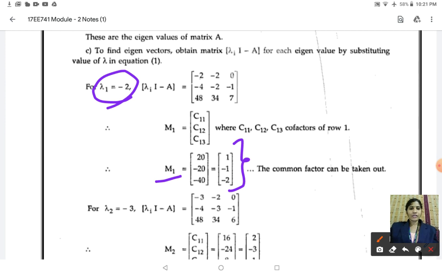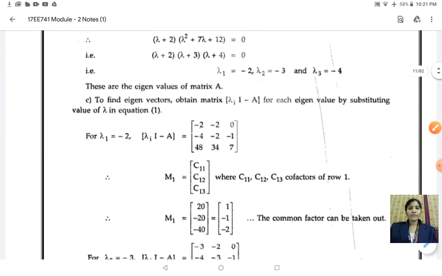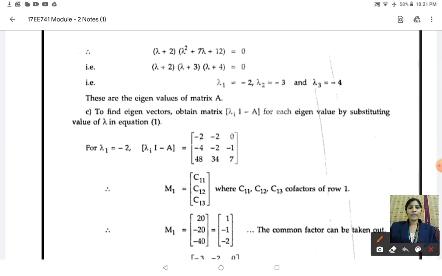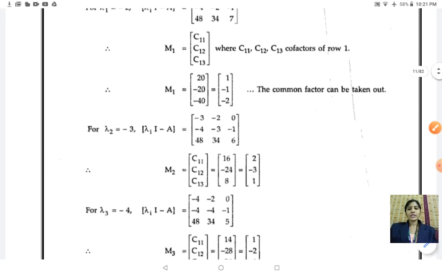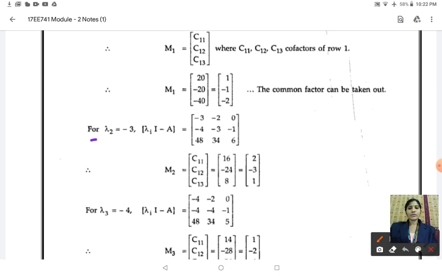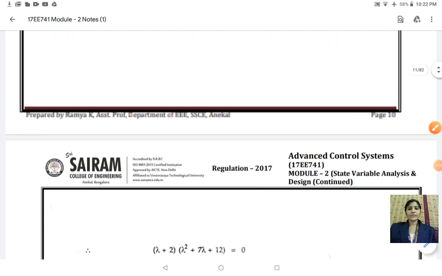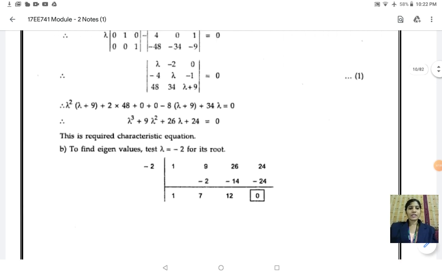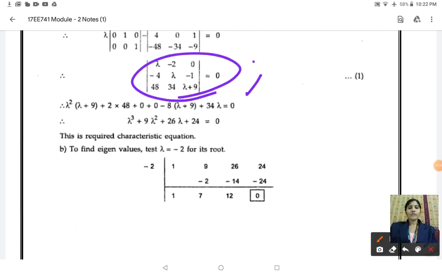Next, in the same way, you need to identify the modal matrix for lambda 2 equal to minus 3. For this, at lambda 2 equal to minus 3, you have to identify lambda I minus A. In this lambda I minus A, you have to substitute lambda equal to minus 3.